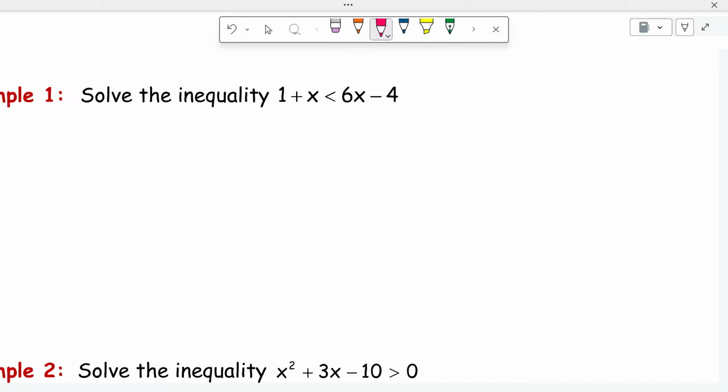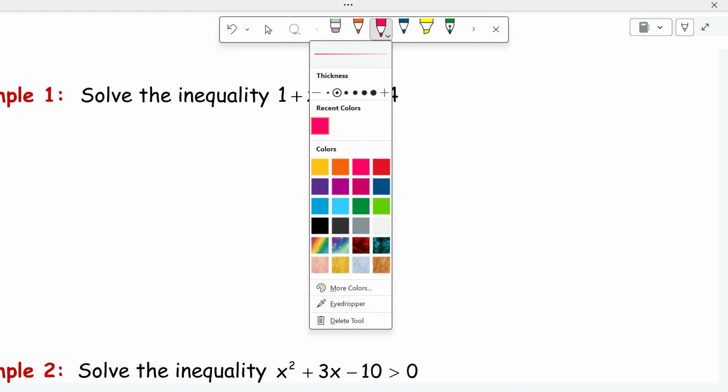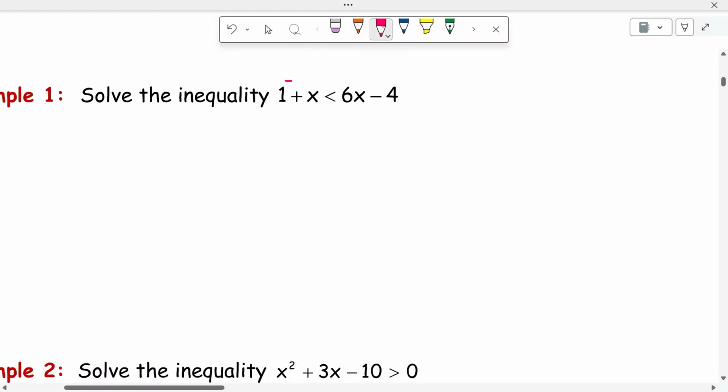Would you guys agree that if I took the x over to the 6, I could avoid flipping my sign? It's just I hate my x on the right-hand side. But again, if you want to do that, go ahead. But I want the example to show me flipping the sign. So I'm going to bring the 6 over to the x and the 1 over to the 4. All right, so I'm going to get rid of the 1, and then I'm going to get rid of the 6.